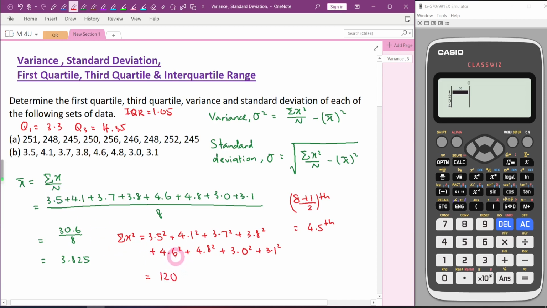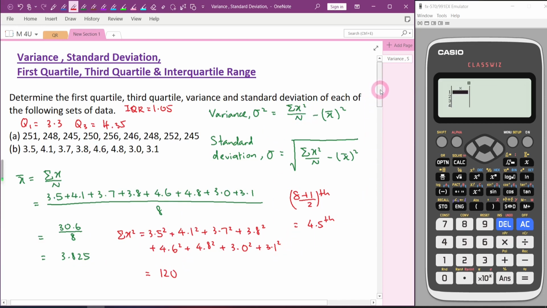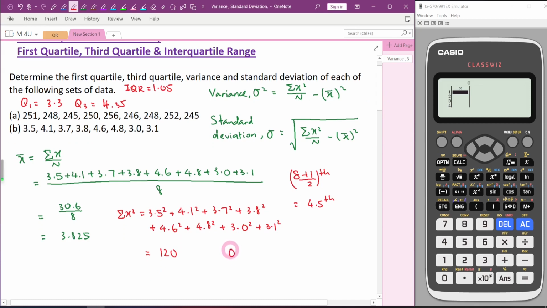So what I'm going to do next is just plug all these numbers into this formula. Variance is equal to sigma x squared, which is 120, divided by the total number of data, which is 8, minus mean squared, 3.825 squared.